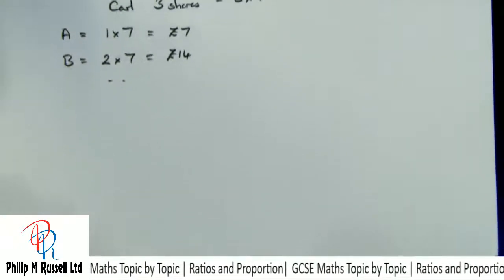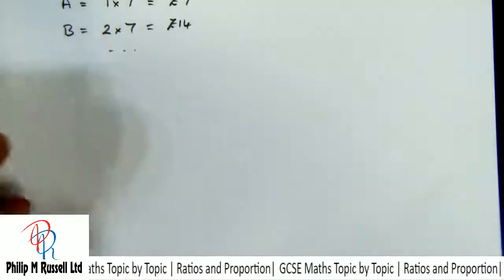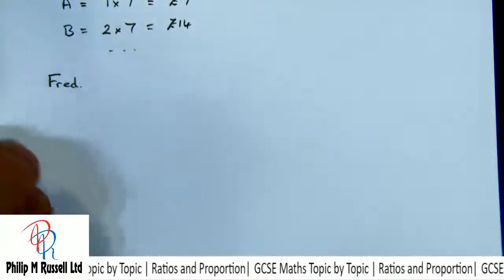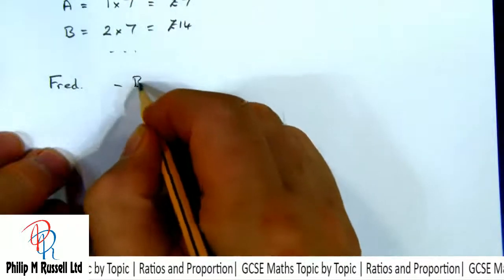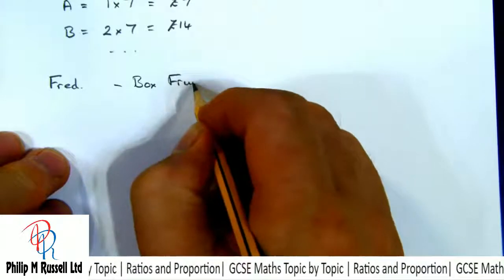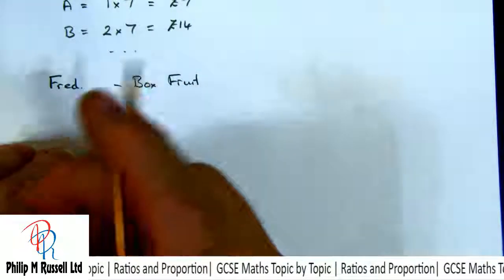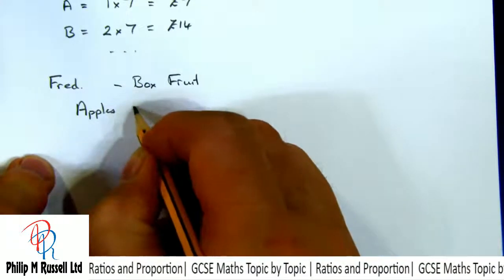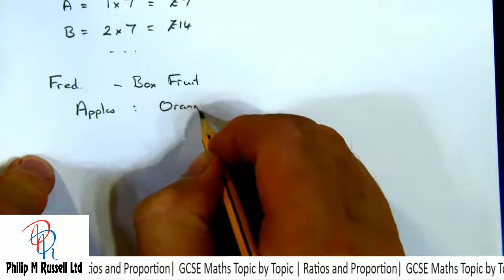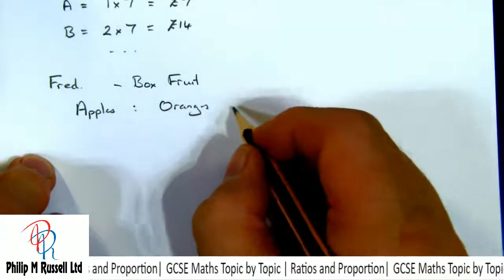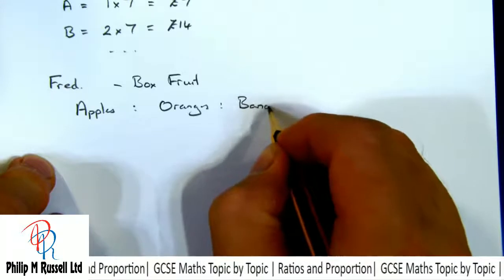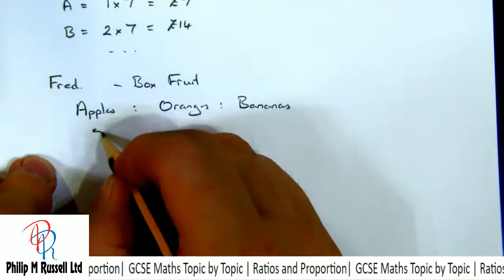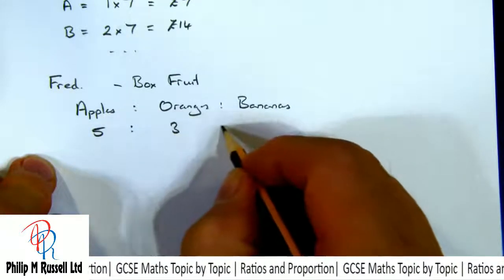Another example of this, let's suppose Fred, my favourite character, and Fred buys a box of fruit. And inside there are perhaps apples, oranges, and let's have some bananas. And these are going to be in the ratio of, I know, 5 to 3 to 1.